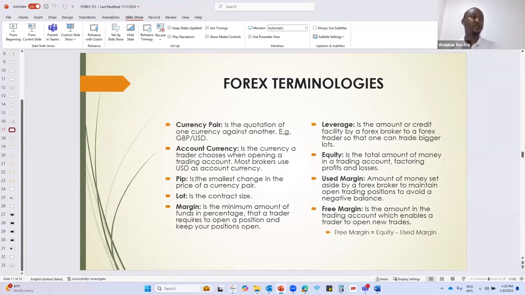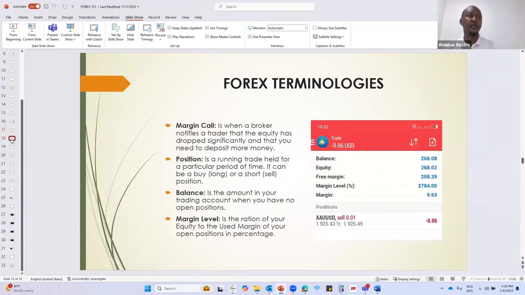I will explain those in a few slides ahead, but here I want you to realize that there is something that we call the margin call. A margin call is a notification that you receive when your trading equity goes below expectations. When the margin level reaches 150 percent, you receive a margin call.